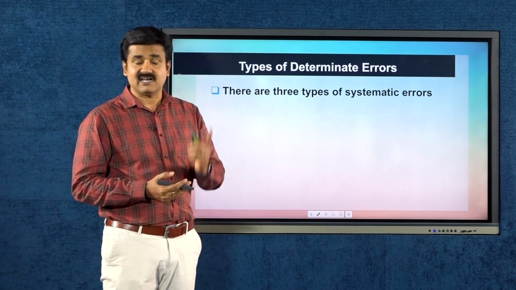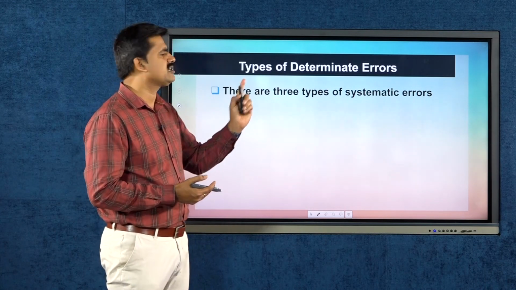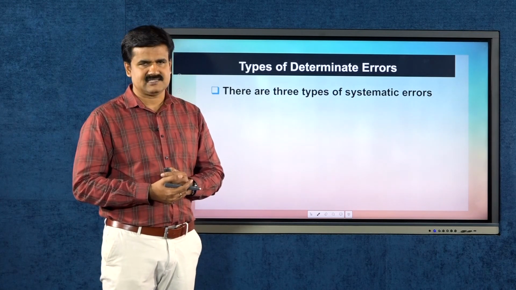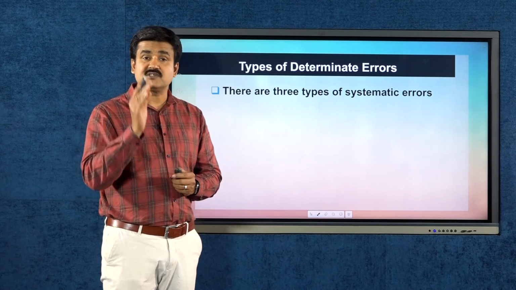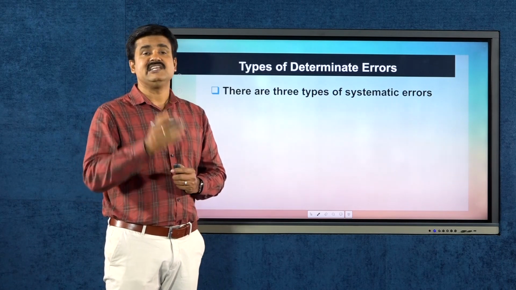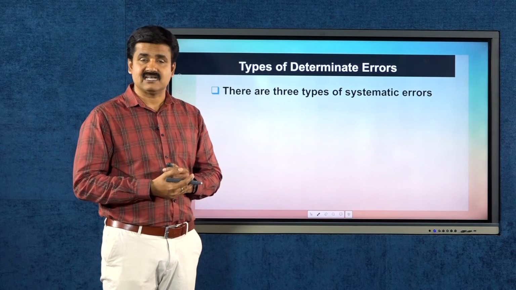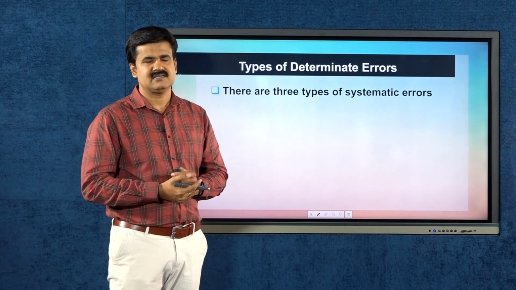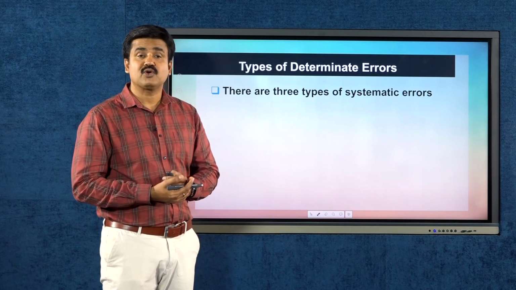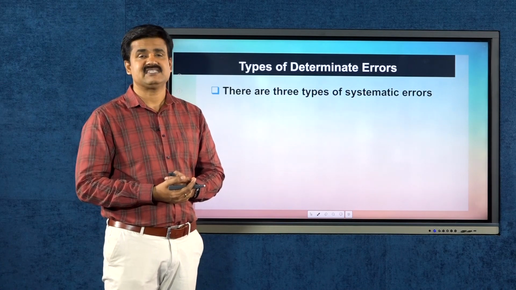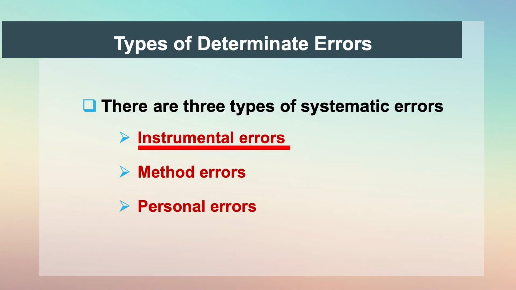There are three important types of systematic errors. That is, it is possible to classify determinate or systematic error into three categories. What are the three important categories of determinate errors? The first category is instrumental error. The second category is error due to method, or method errors.